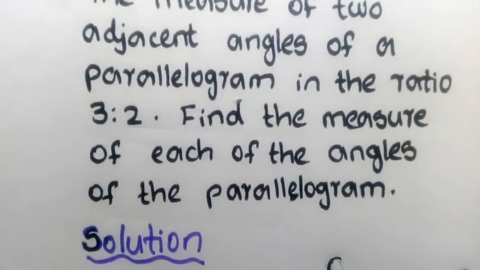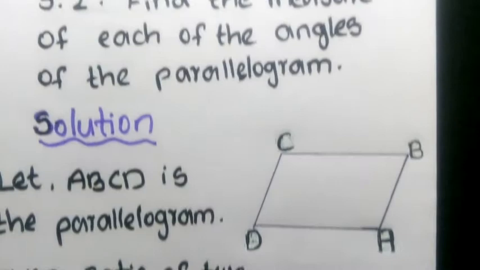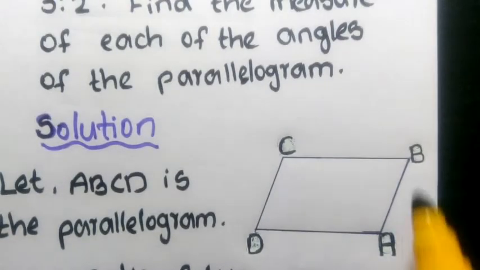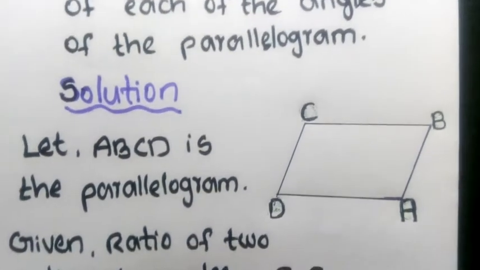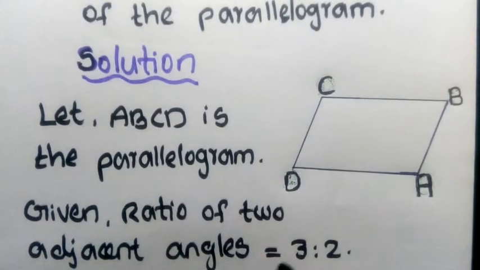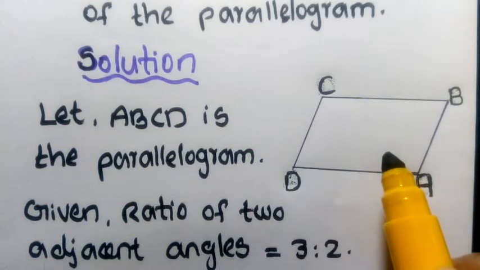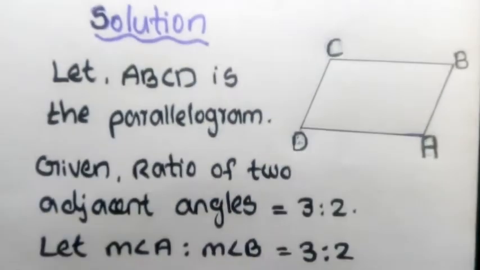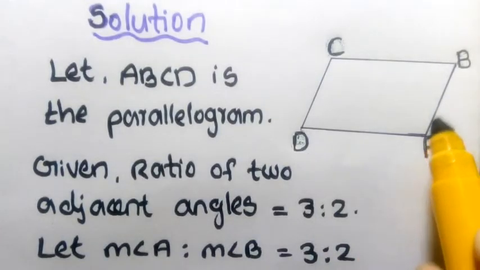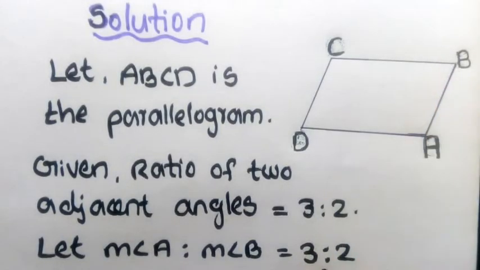Solution. For finding the answer, first draw one parallelogram. Let ABCD be the parallelogram. Given, the ratio of two adjacent angles is 3:2. Here we have four pairs of adjacent angles. Let measure of angle A to measure of angle B be 3:2.